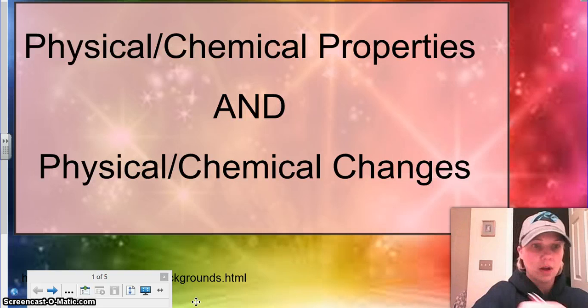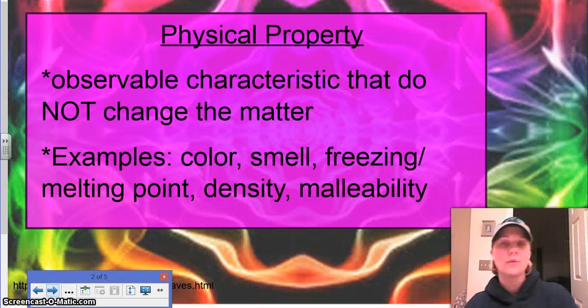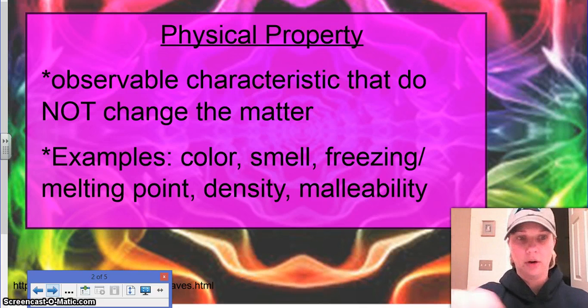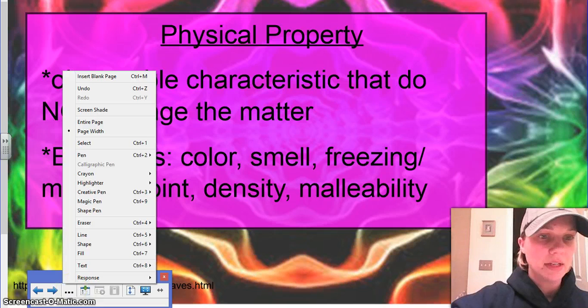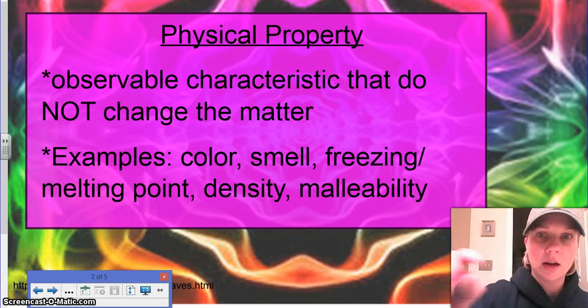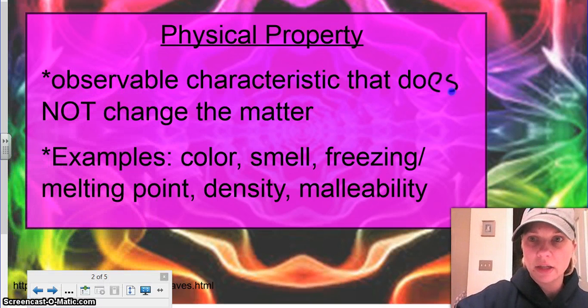All right, so let's start it off with a physical property. A physical property is some kind of observable characteristic that does not change the matter at all. Sorry, that's a grammatical error; it should be "does not."